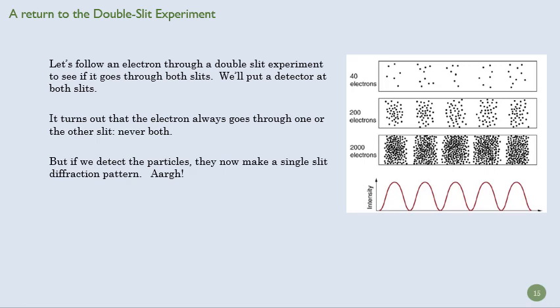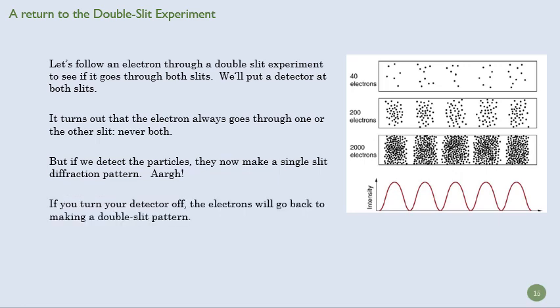But if we keep those detectors there, it no longer makes the diffraction pattern. And that's where things get spooky weird. If you turn the detector off, the electron's going back to making a double slit pattern.